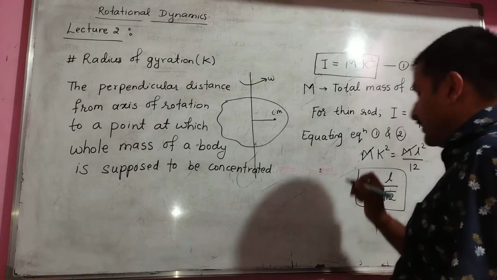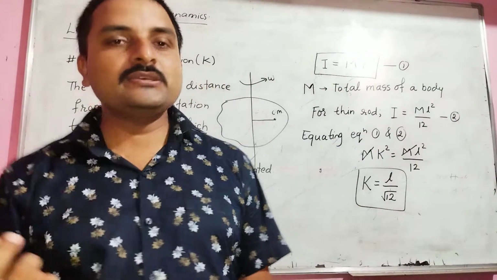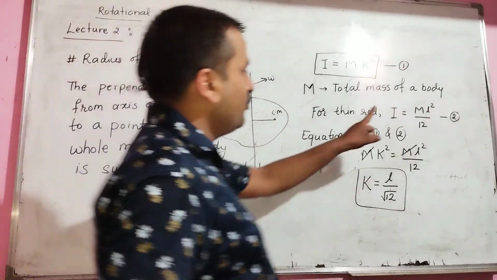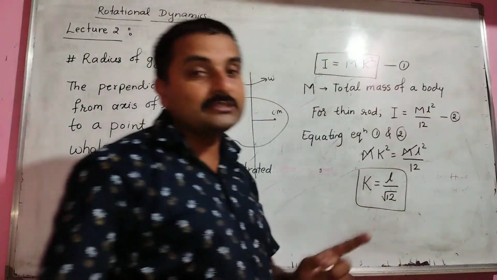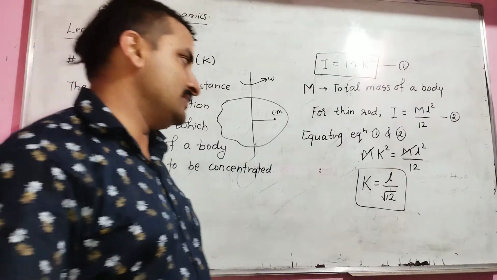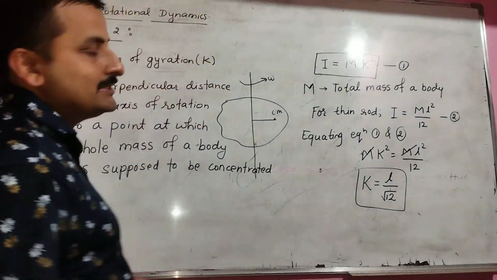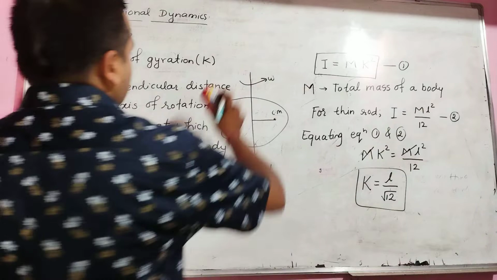This is the moment of inertia of the thin rod when the axis of rotation passes through the center. Sometimes the axis of rotation may be passing through the end also.